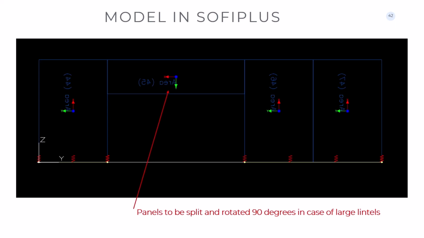This is even more important for something very common in the industry: when you have large openings, to save money, they just put lintels over them, made of the same CLT. But this is an element working in bending, so instead of having the three lamellas vertical, you want the three lamellas horizontal, and this is a lot more effective. You can easily do that in SOFiSTiK by selecting the element and rotating the axis, and then you get the other type of panel.